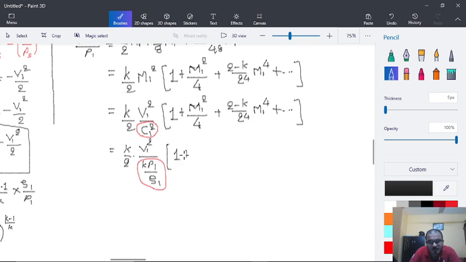One plus m1 square upon 4 plus 2 minus k upon 24 m1 raised to 4 plus up to infinity.